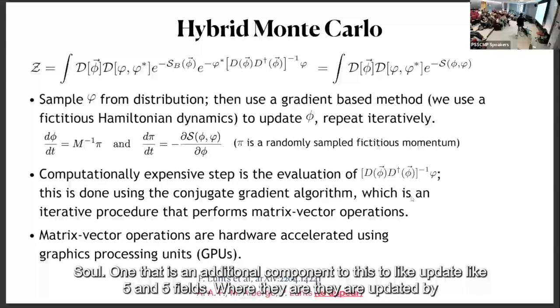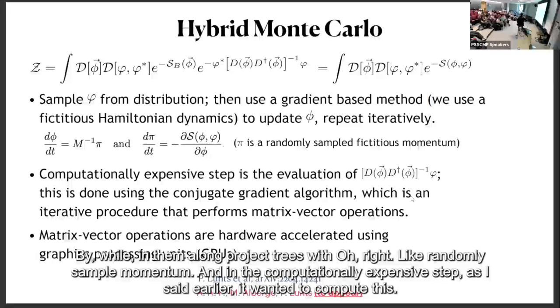So there is an additional component to update the phi and varphi fields, where they're updated by evolving them along trajectories with randomly sampled momentum.